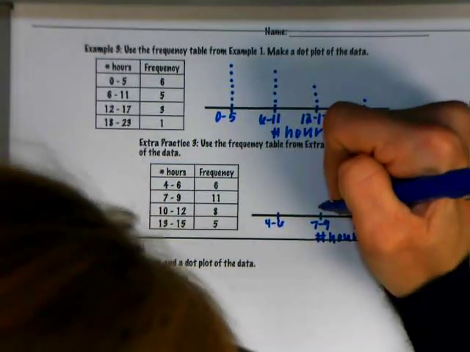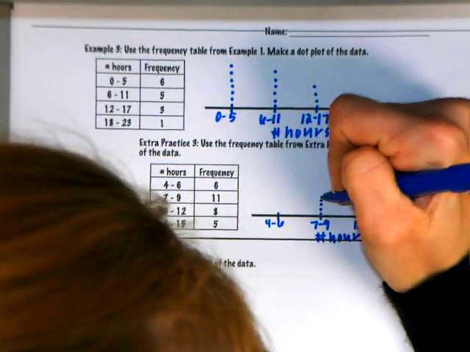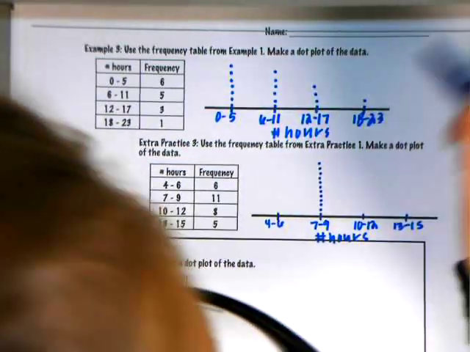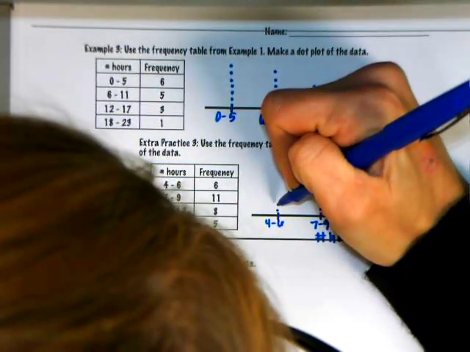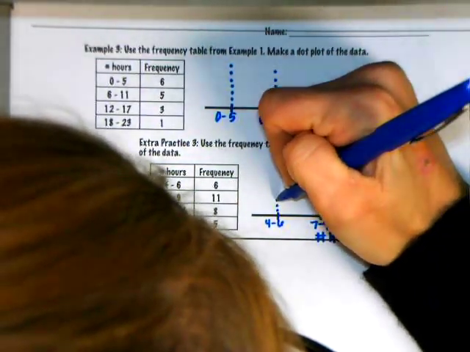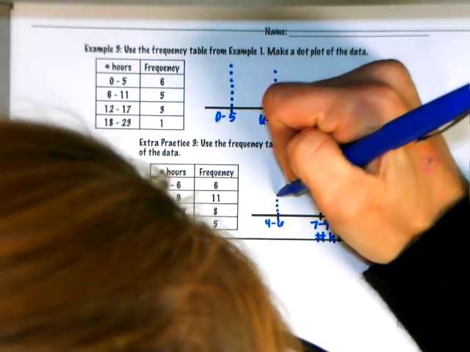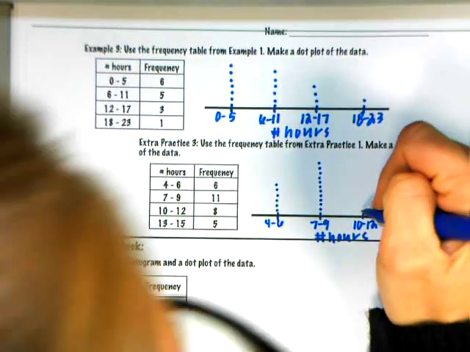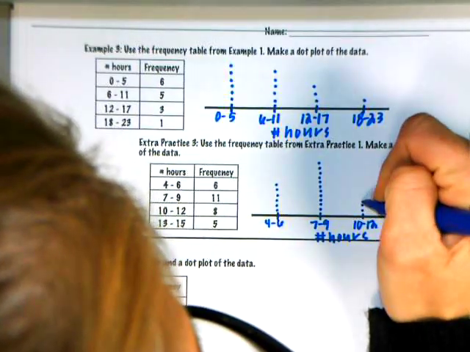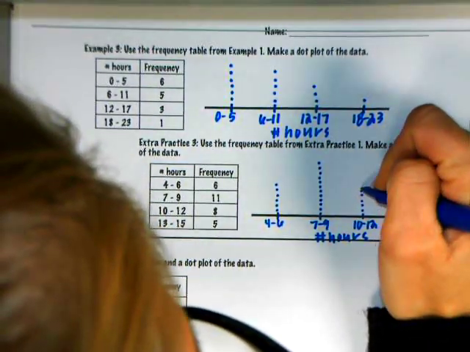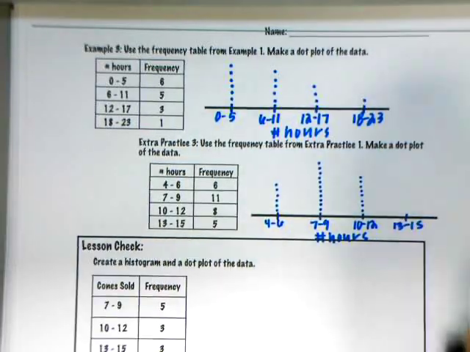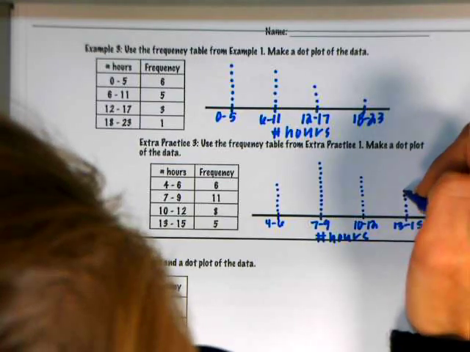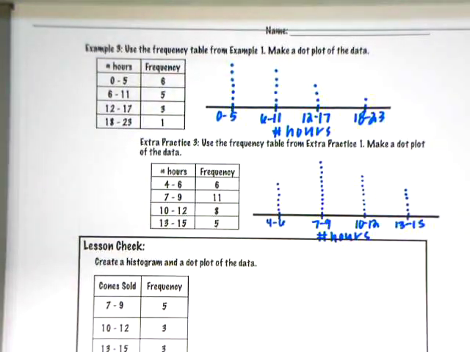So I'm going to do this one first because it's the biggest. 1, 2, 3, 4, 5, 6, 7, 8, 9, 10, 11. Then 1, 2, 3, 4, 5, 6. Then 1, 2, 3, 4, 5, 6, 7, 8. And 1, 2, 3, 4, 5. All right, so it should look something like that.